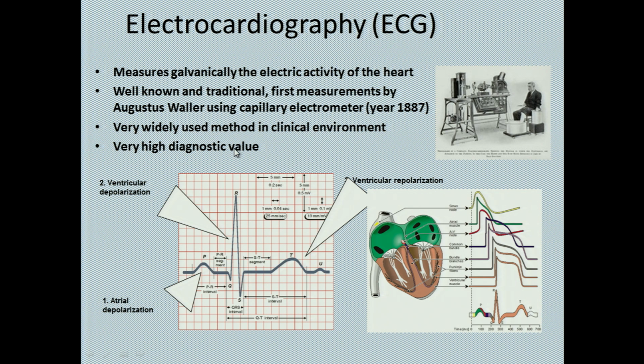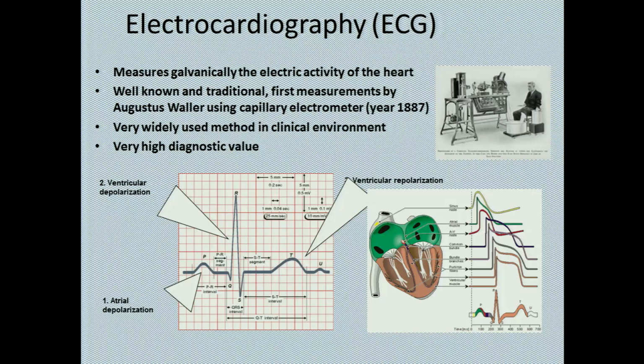The number of heartbeats, the height of the P wave, the area of the QRS complex, and the distances between intervals, the PT interval, the PR interval, everything will tell you about your heart condition.